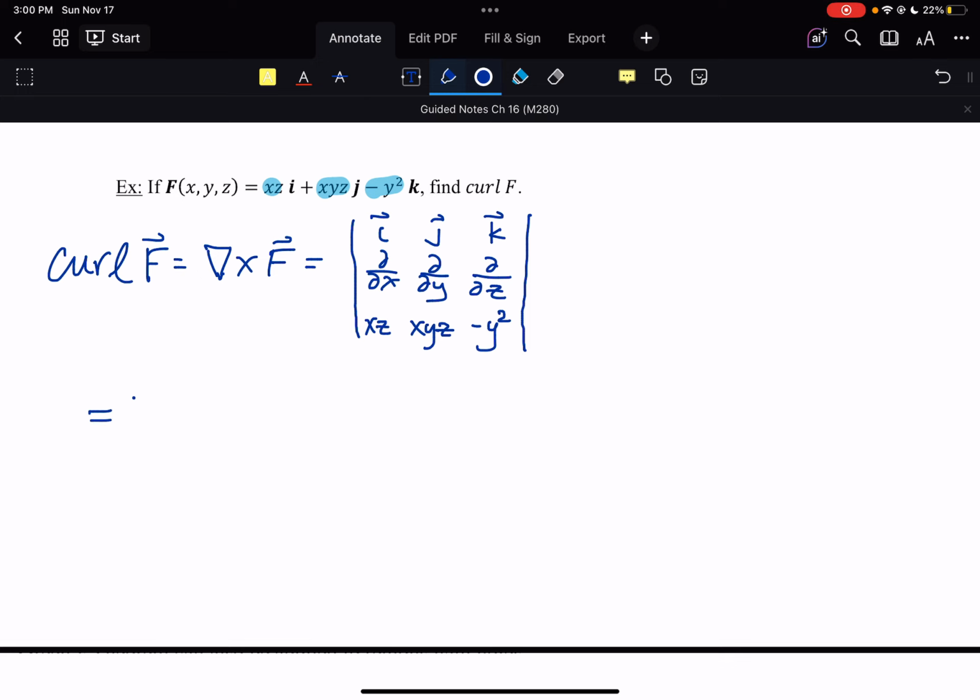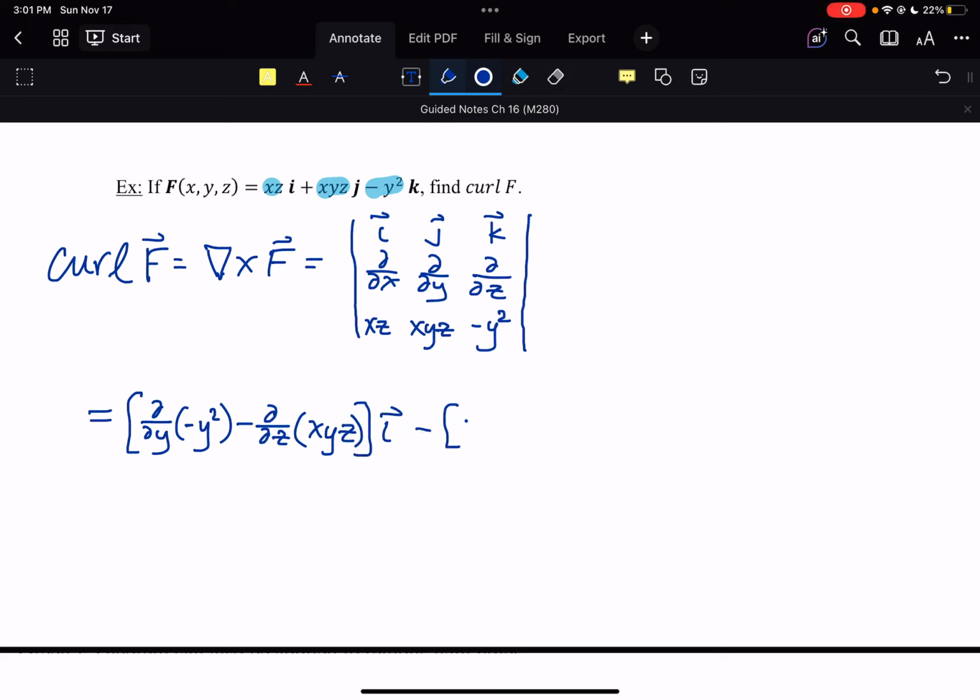Now we compute the cross product normally, and we apply the partial derivatives. So we're going to get partial with respect to y of negative y squared minus partial with respect to z of xyz, that's i.